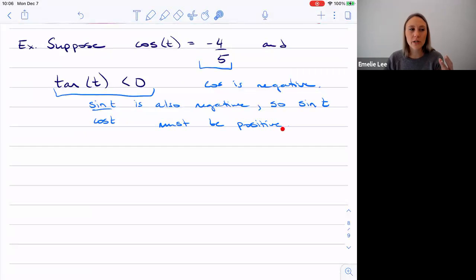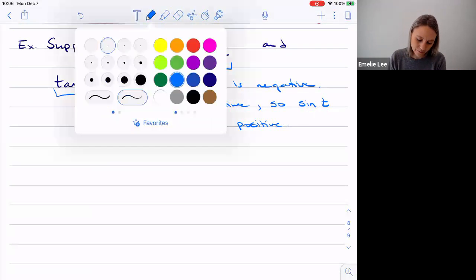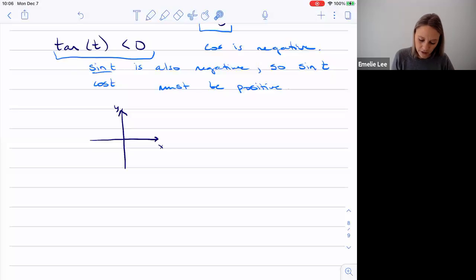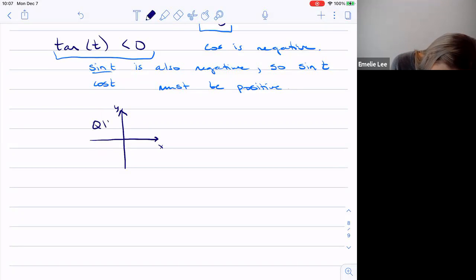Now I know which quadrant I have to be in, right? Sine t, that's my y value. So y is positive and x is negative. Right? So here in my xy plane, okay, cosine, so x is negative, so I'm over here, and I've got a positive y, so I'm over here in Q3, or sorry, Q2.